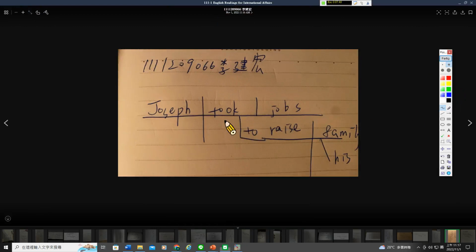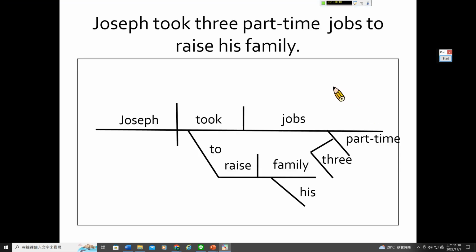This must be here, and "to" is here, not above the horizontal line. So you have to move the "to" over here, and "to raise his family," and this is good. A slight change, but this one is in general good. So be careful with the tiny differences. Okay, so good. Let's move to the next one.